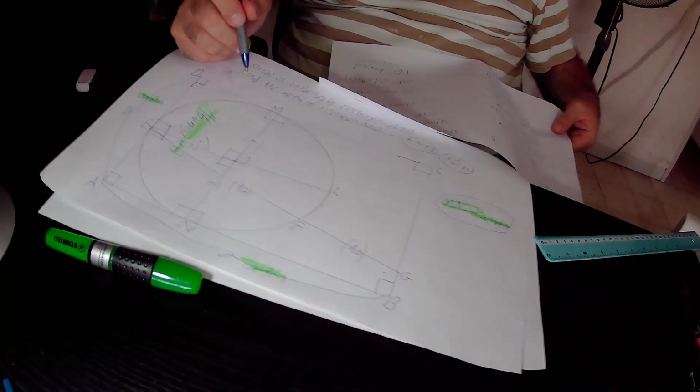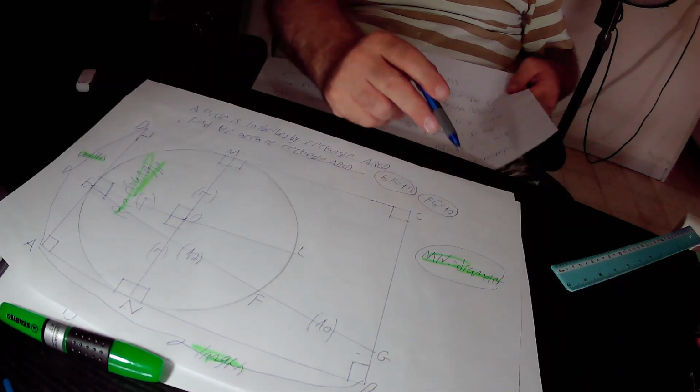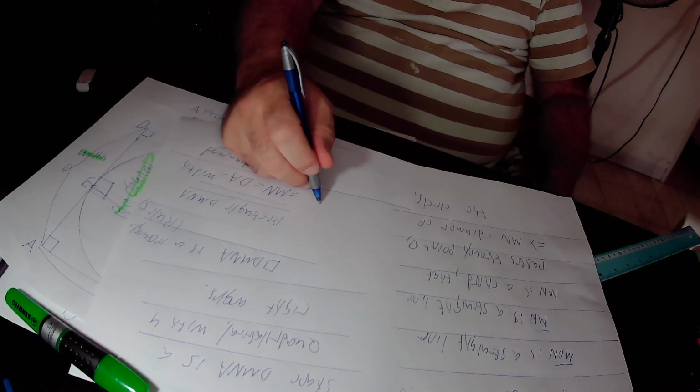And we have already found out that MN is the diameter of the circle. So we can write here that MN is the diameter of the circle.